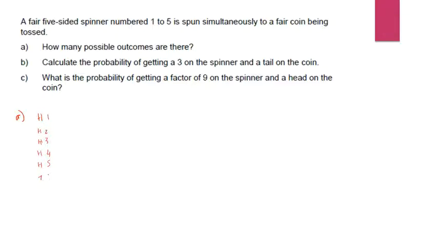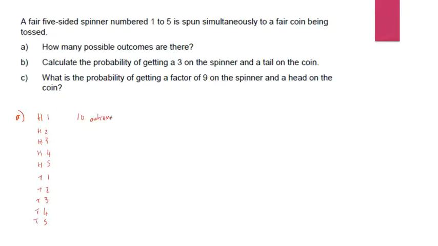We could have a tail and a 1, a tail and a 2, tail and a 3, tail and a 4, and a tail with a 5. So that's me writing down the list of possible outcomes. Altogether, we've got 10 in this list. So to answer part A, there are 10 outcomes.